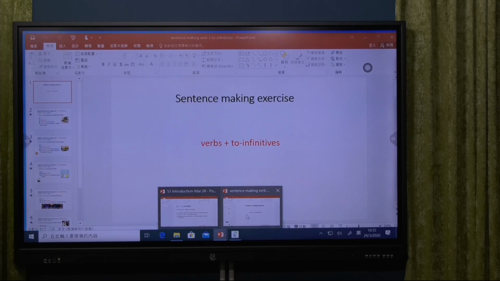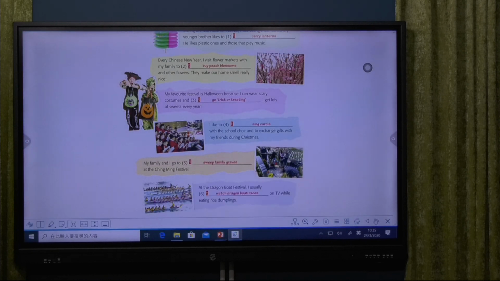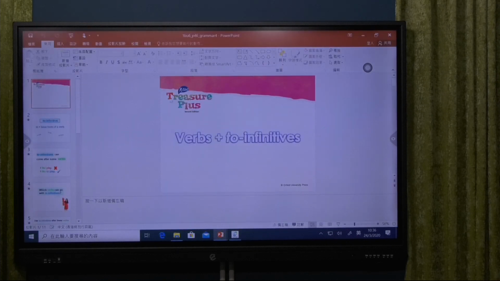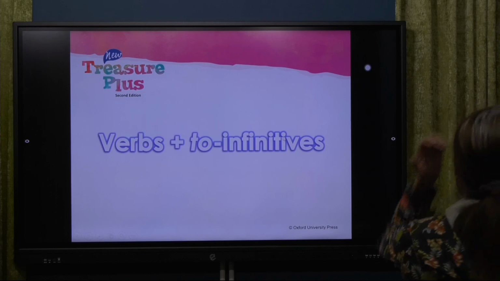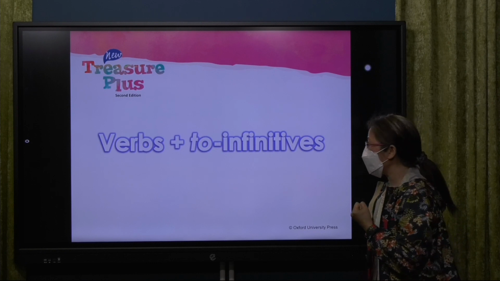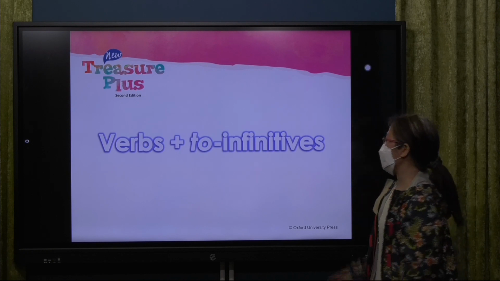Okay. This one. After learning the vocabulary about festivals, then we can learn about how to use verbs and to infinitive to describe what you do at these festivals.